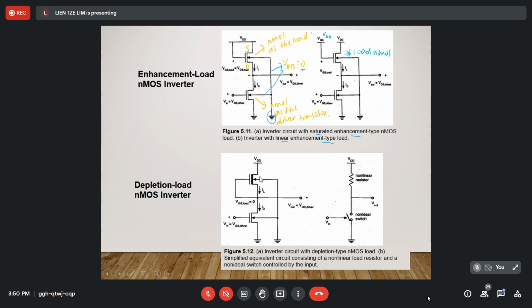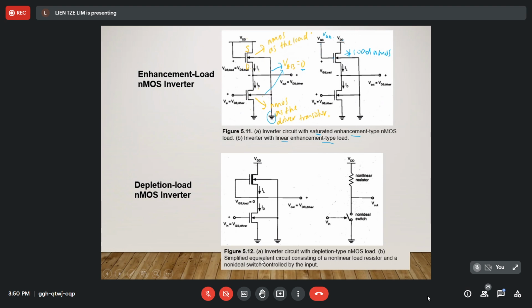Also the difference is in the input to the load NMOS. So you see here this circuit can be simplified and represented in this way.